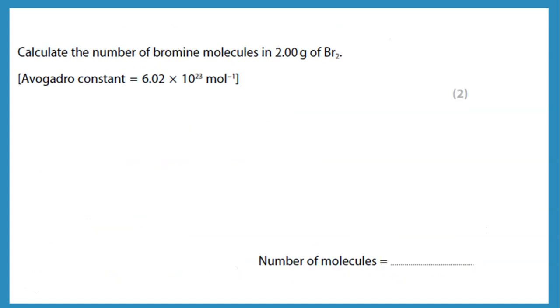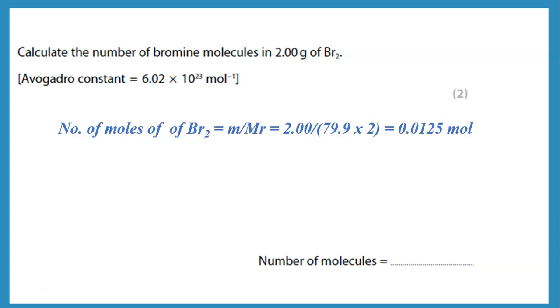Then this question says, calculate the number of bromine molecules in 2 grams of bromine. Remember, we said the number of molecules we can get from the Avogadro's constant, and we should know that 1 mole of a substance has 6.02 times 10 to the 23 molecules. So we need to get first the number of moles of the bromine. So how do we get the number of moles of bromine? We have 2 grams.